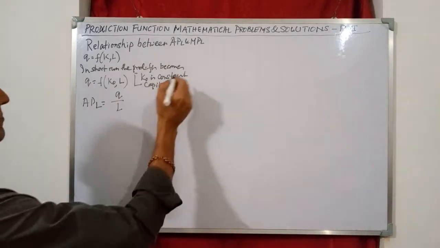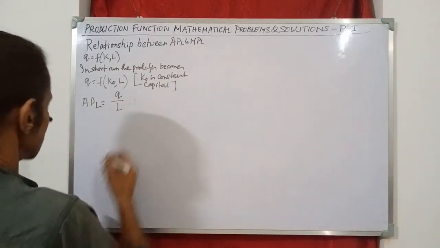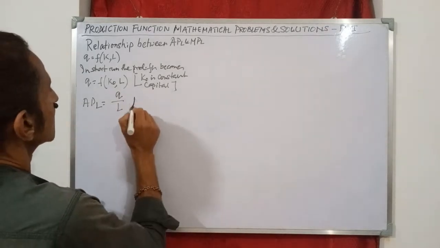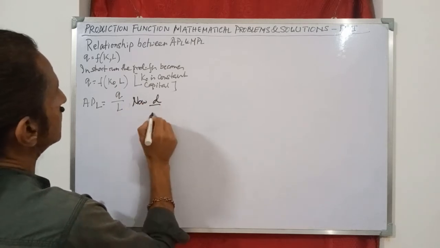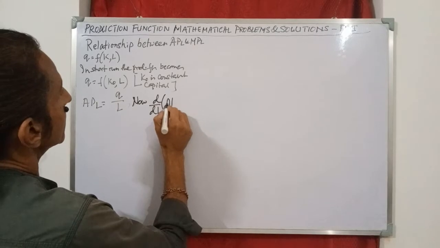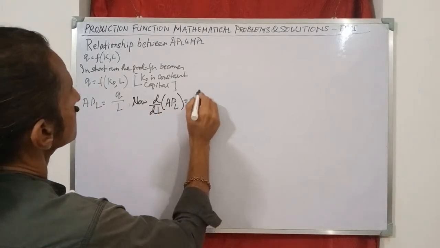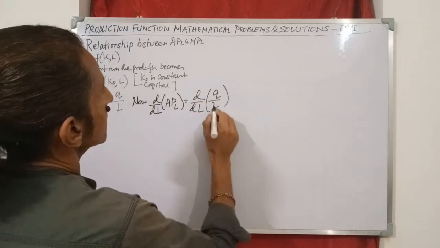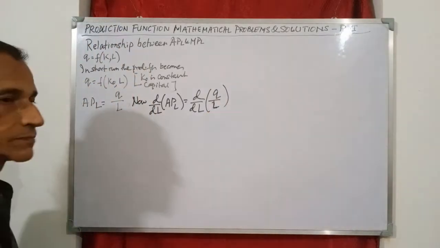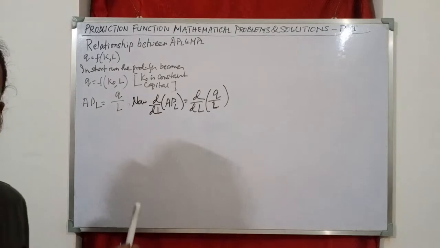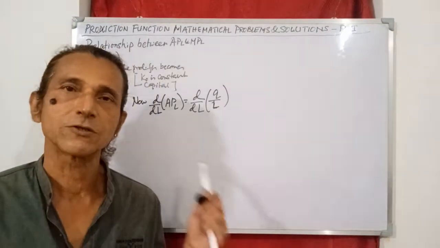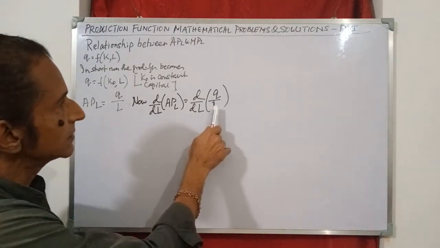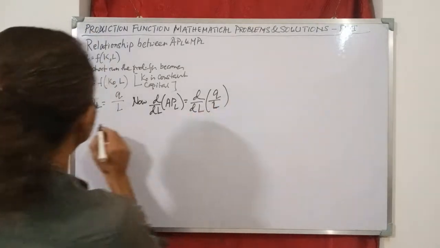Now d/dL of APL is equal to d/dL of Q by L. We are differentiating average productivity of labor with respect to labor. So d/dL APL equals d/dL of Q/L.